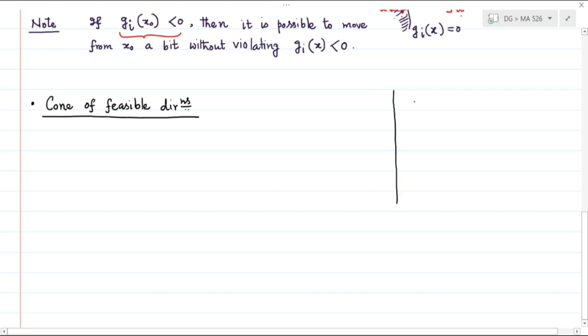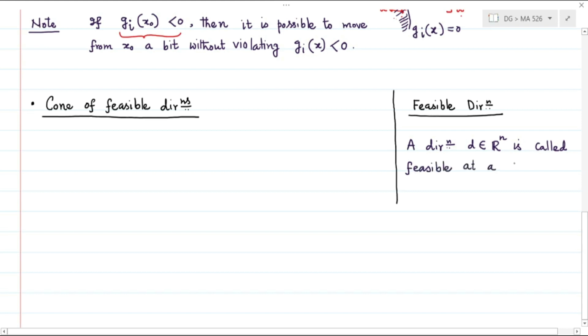A direction is called a feasible direction at a given feasible point x0 belonging to the feasible set F if there exists at least a directed line segment from the point x0.